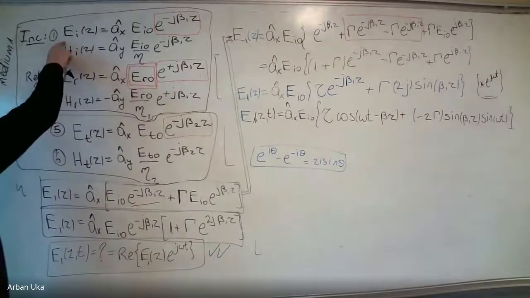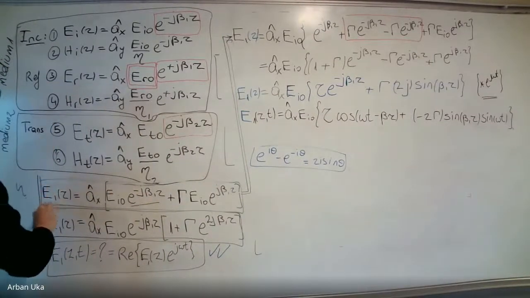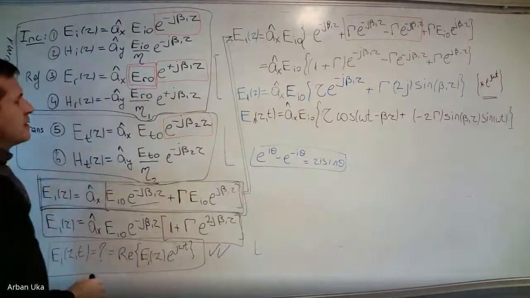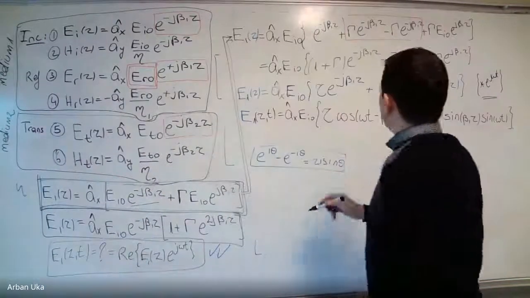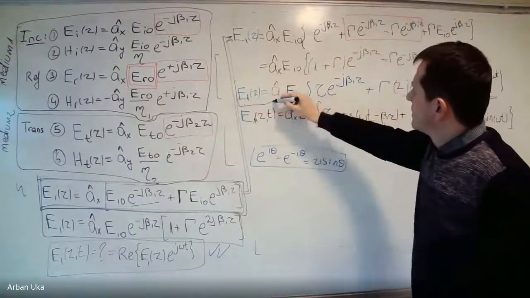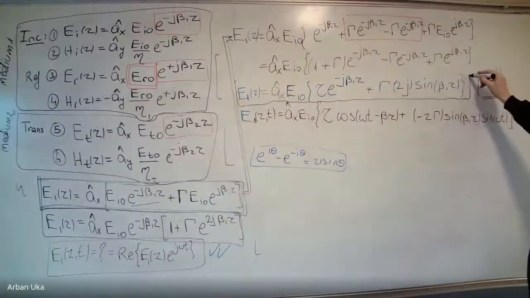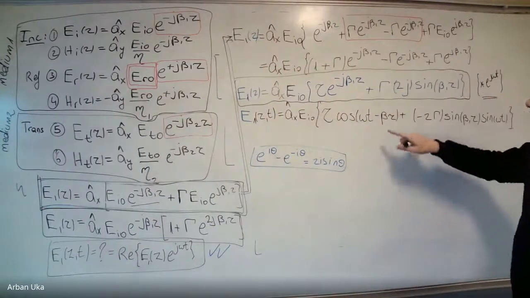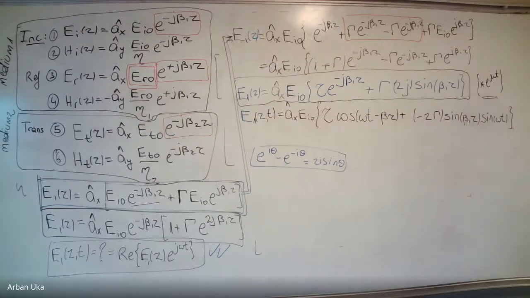So we had 1 and 3, we added them together, we got this phasor. This phasor, we just reformulated, and we got this other expression. It's exactly the same, but we made it look a little different. And then we obtained the instantaneous expression of the electric field.